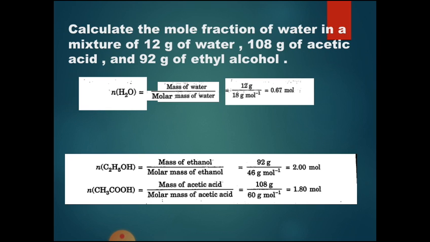So now you have the number of moles of all three components. If you know the number of moles, only then can you write the number of moles of the solution. You have to add all three to get the number of moles of the solution.